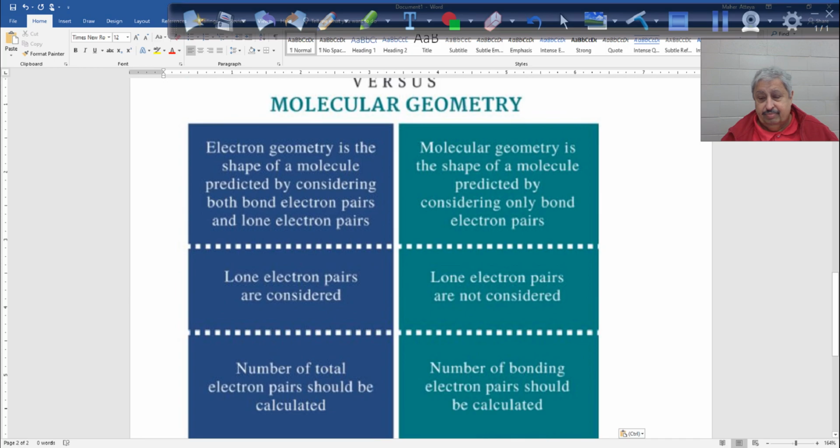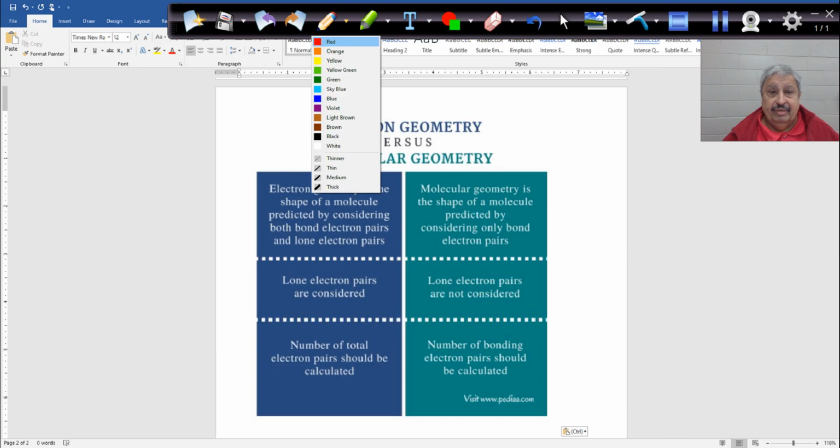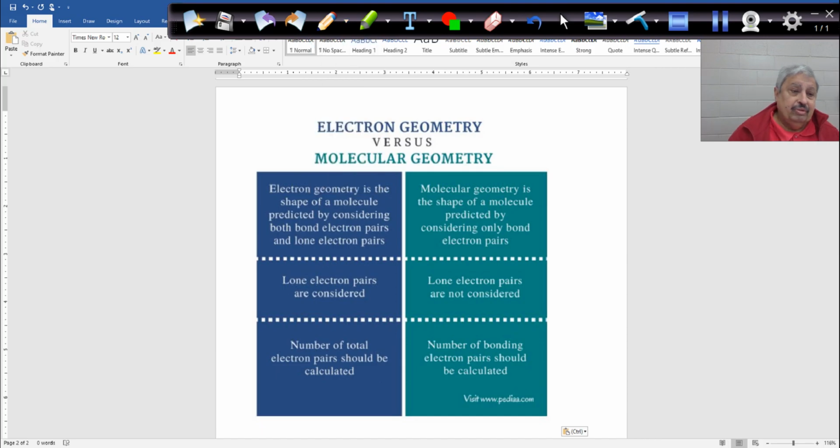So what's the difference between those two geometries here? The electron geometry looks at the whole molecule, considering whether it's single bond, double bond, triple bond, non-bonding. For example, if I take H2O, in order to get VSEPR, you have to have what?